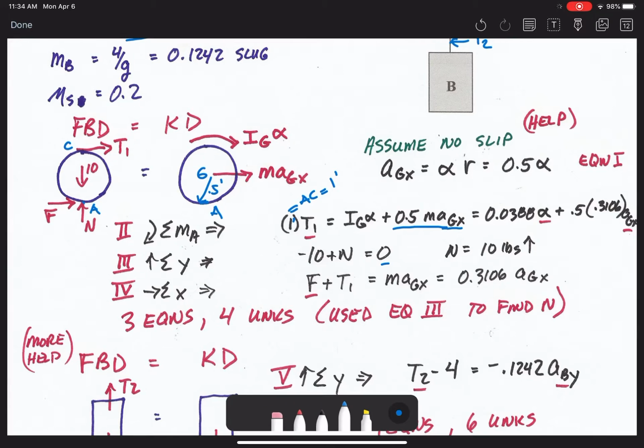From that, we have 3 equations and 4 unknowns. What are the 4 unknowns? We have T1, number 1, T2 is not here yet.